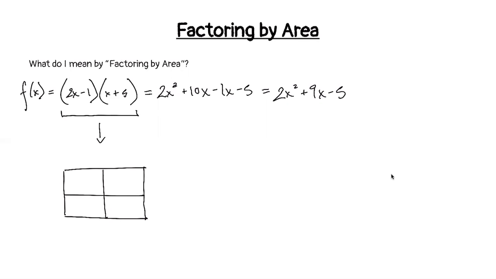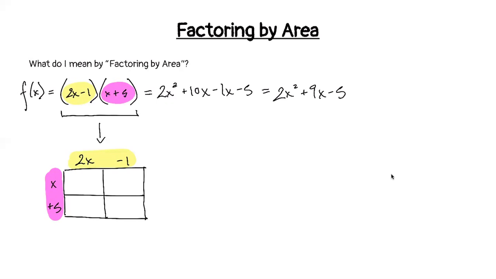In this model, we take one of the factors and put it at the top, and then we take the other factor and put it down the side. So x and then plus 5. This x plus 5 is the same as the x plus 5 in the equation, and this 2x minus 1 is the same as the 2x minus 1.